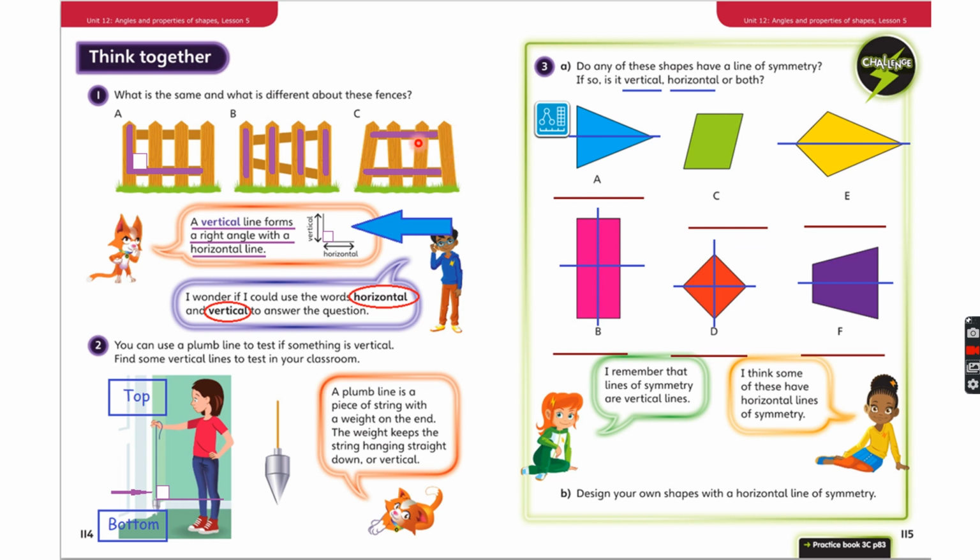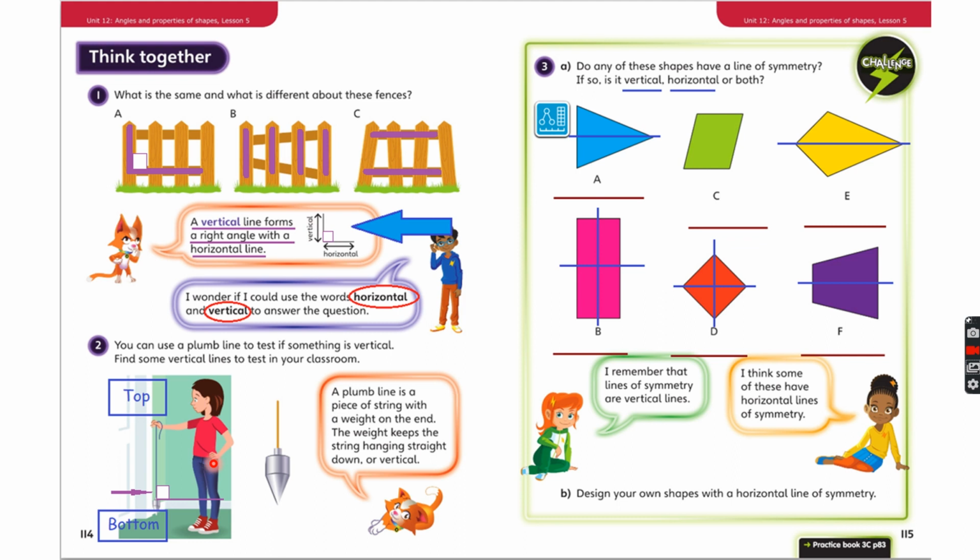But if you look at these lines, can I use them to create a right angle? No, I can't. So that's why we can't call them vertical lines. So here, again, I have both vertical and horizontal lines. Here, I have only vertical lines, and here I have only horizontal lines.